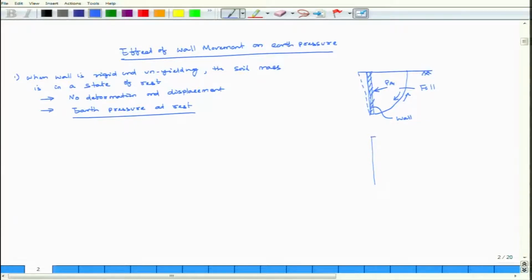Let us say there is another wall, this wall is moving towards the fill. This is the movement of the wall, the wall is moving towards the fill.